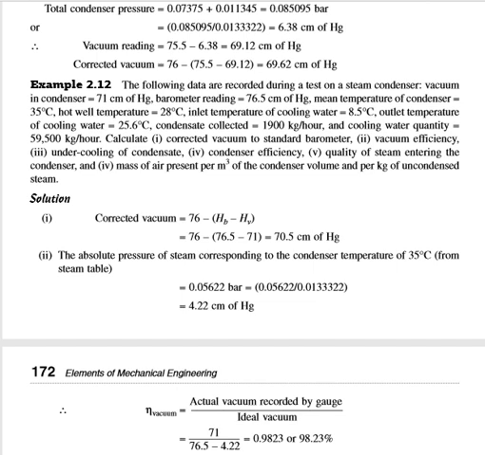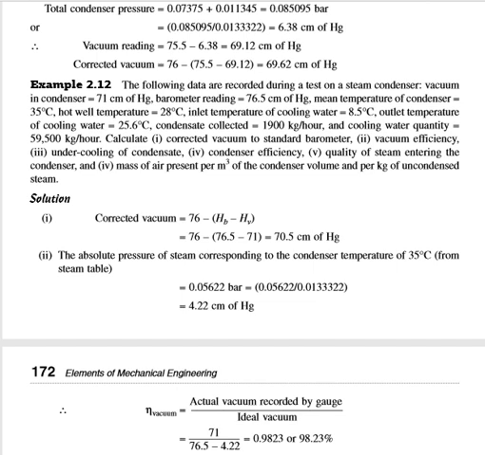So in this numerical, again the numerical belongs to the steam condenser. What is given in the data? Vacuum in condenser is given, barometer reading is given, mean temperature of condenser is given, hot well temperature is given, inlet temperature of cooling water T1 is given, outlet temperature of cooling water T2 is given, condensate is also given, and cooling water quantity is also given.